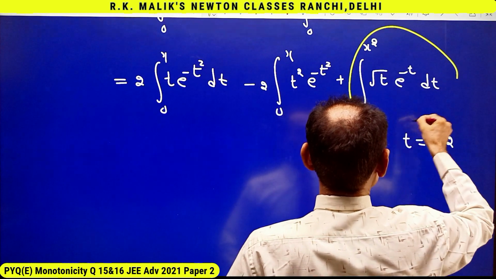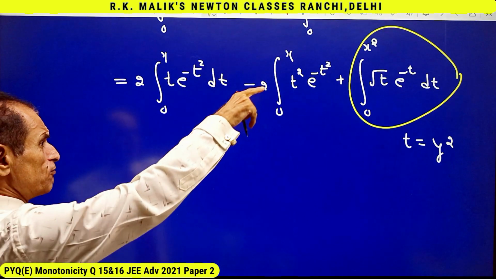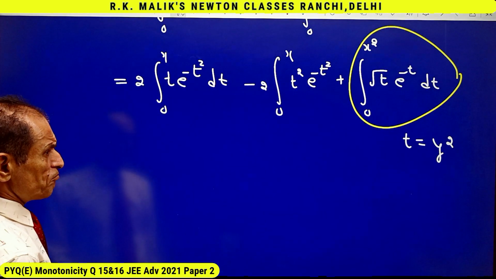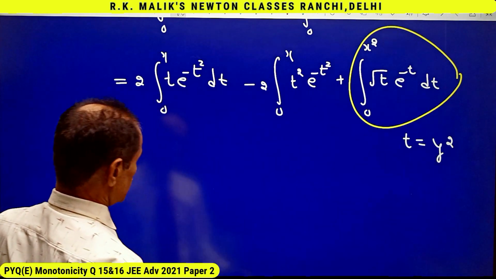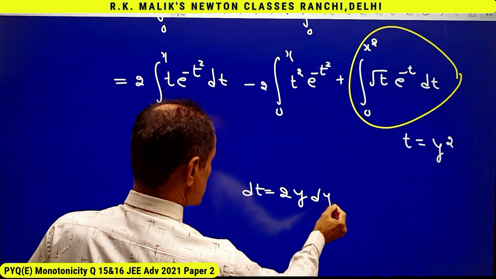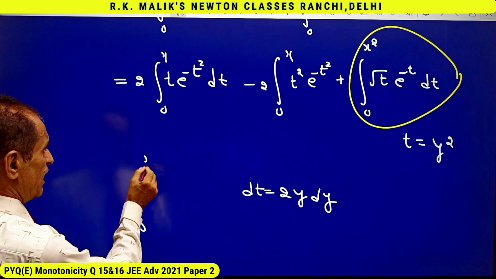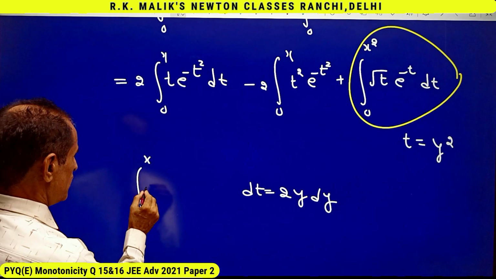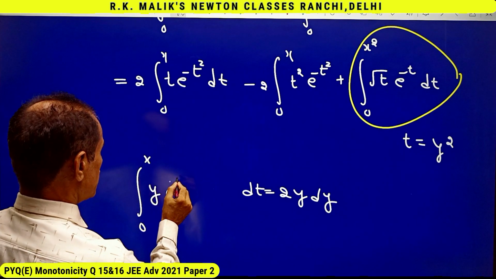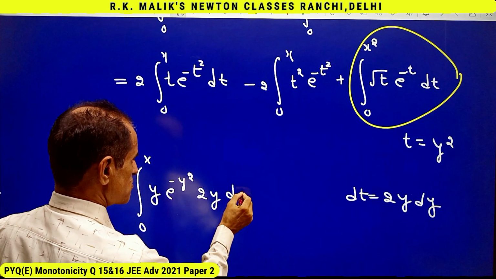Therefore, I'm calculating it separately, and after calculation, I will put it back. Clearly, by taking t equal to y², dt becomes 2y dy, and I get the integral from 0 to x of y e^(-y²) 2y dy.